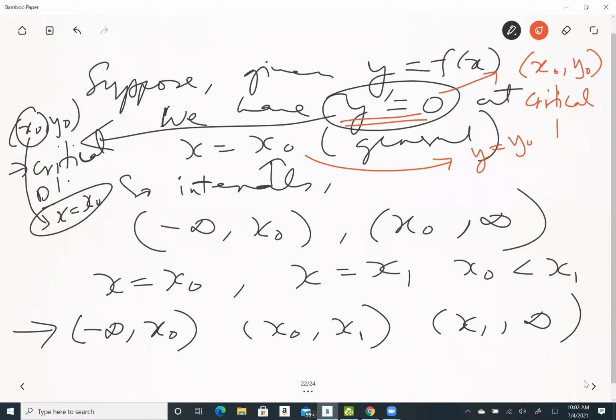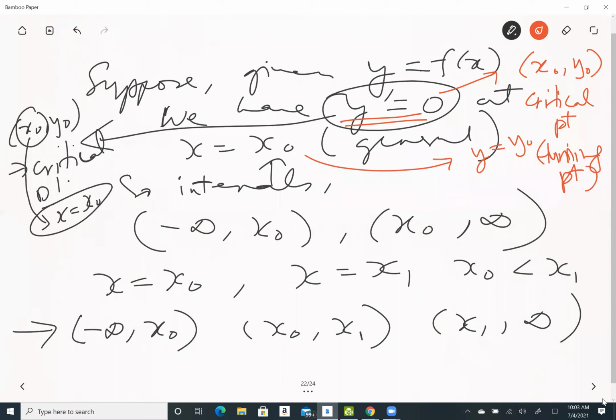Why critical? Critical because after that point, where y prime equal to 0, the y prime will change, either to positive or negative. So that's why you call it critical point. Or in other words, a more intuitive term, a turning point.